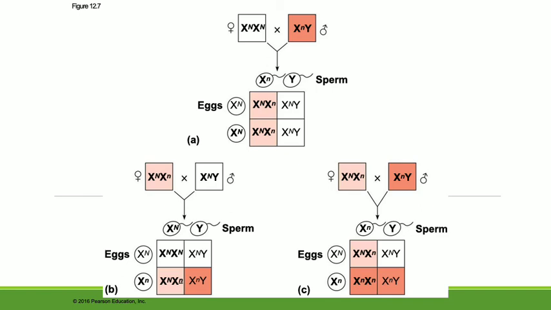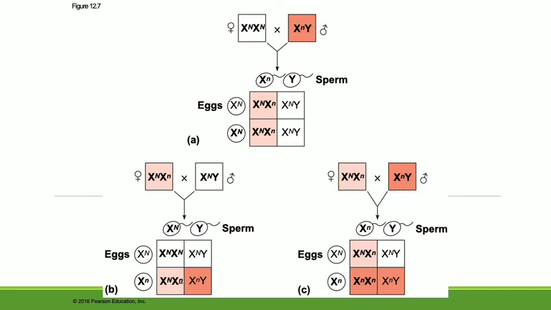Think of it like the white flower color for Mendel's pea plants. The only way to be white is to have two of the recessive alleles for color, or two little p's. In this case, this is not flower color white, but having hemophilia, or an absent protein for blood clotting.